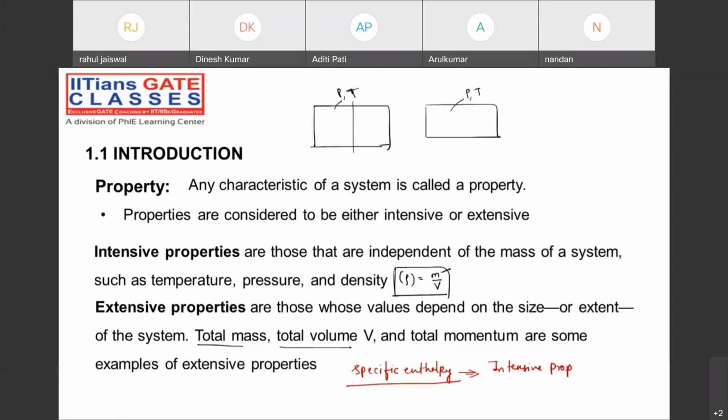Why is it an intensive property? Because of the word specific. Specific means anything divided by mass. That will be specific enthalpy, right? The enthalpy unit is kilojoule. If I divide by kg, that will be the unit of specific enthalpy. Understanding or not? Yes, sir. Yes or no, guys?